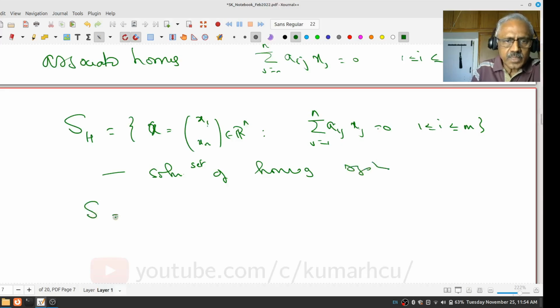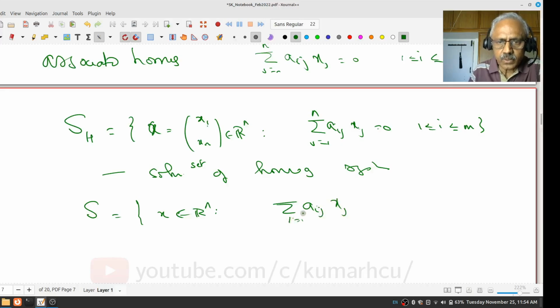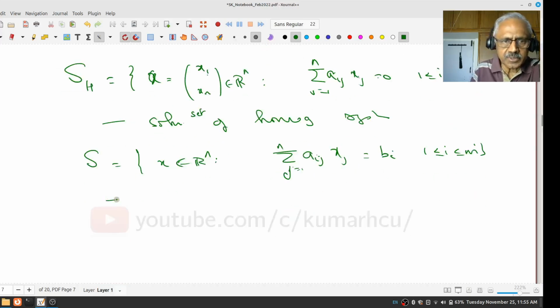Similarly, let us look at the set of all x in R^n, again written as a column vector, such that the sum over j of a_ij x_j equals b_i for 1 ≤ i ≤ m. This is the solution set S of the non-homogeneous system.